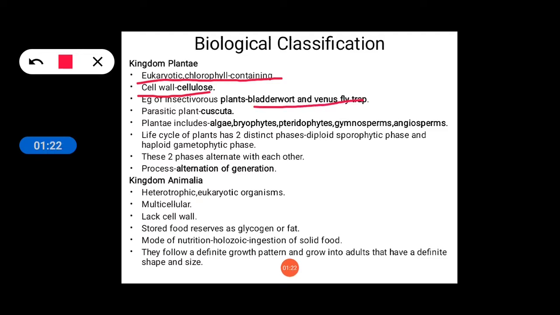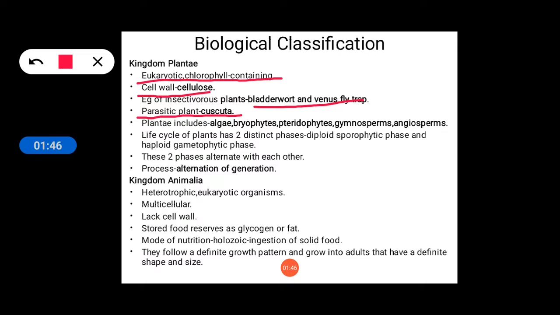That means these plants feed upon various insects. A parasitic plant is Cuscuta. One example of a parasitic plant is given. It is known as Cuscuta.